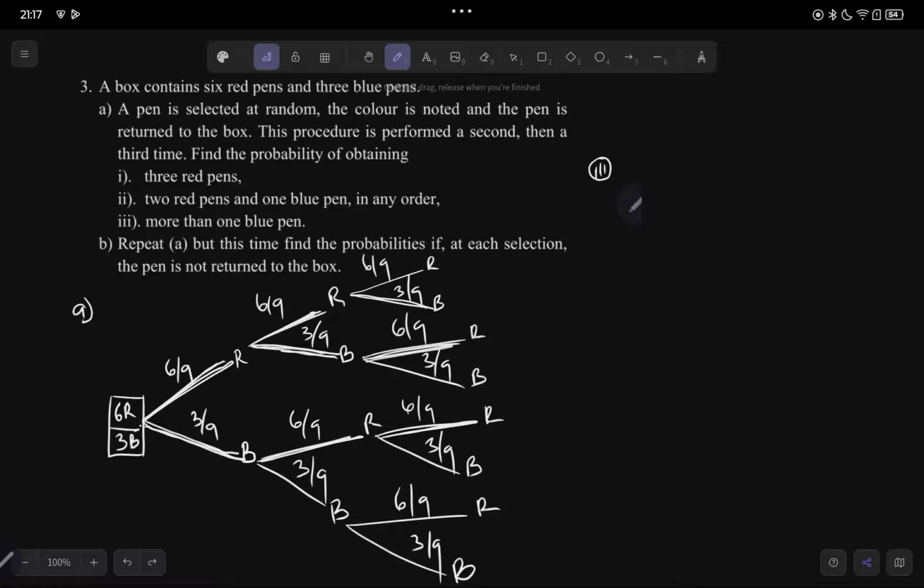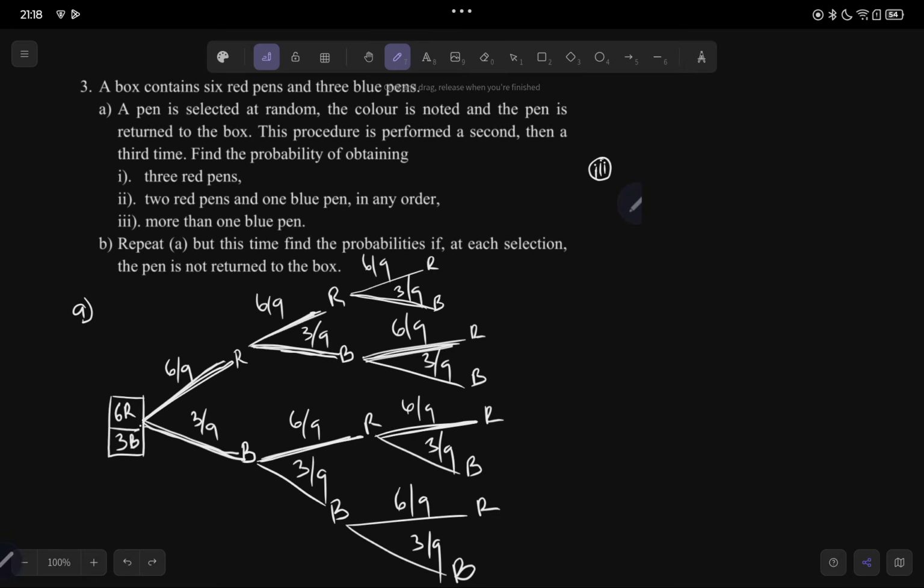I have rubbed off my solutions before actually being able to use them. Let me see if I can recoup them and we use them. Read question number 4. Yes, we had 8/27 for 3 red pens.